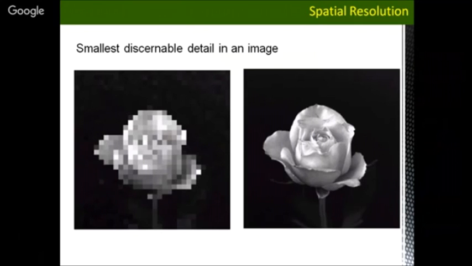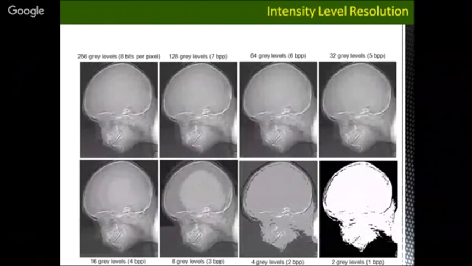As many of you know, the megapixel resolution defines the spatial resolution. That is, how many units, or what we call pixels, are there in one image on the x-axis as well as the y-axis. So this is indicative of the spatial resolution.